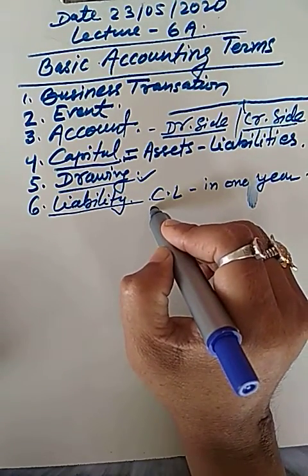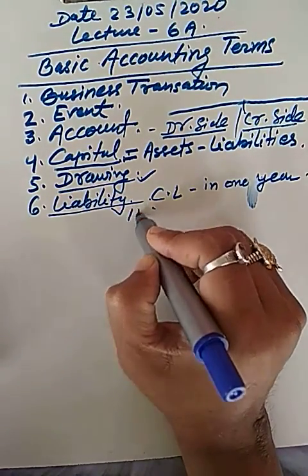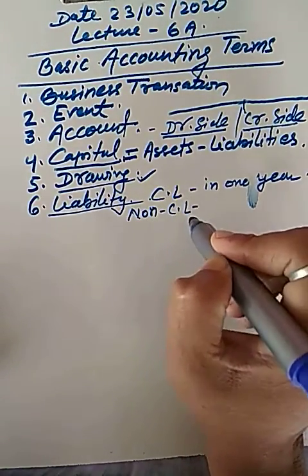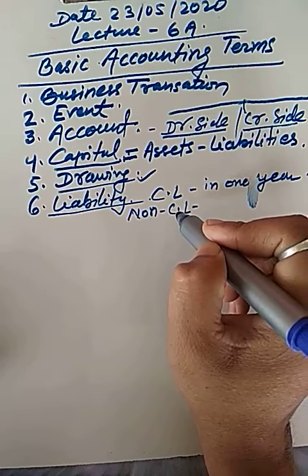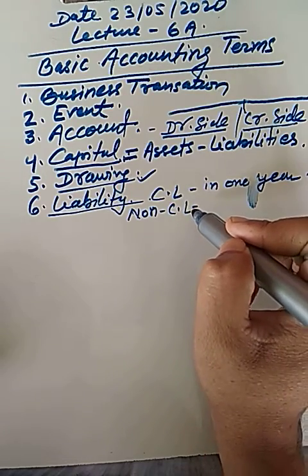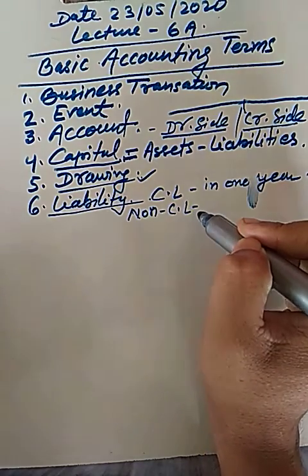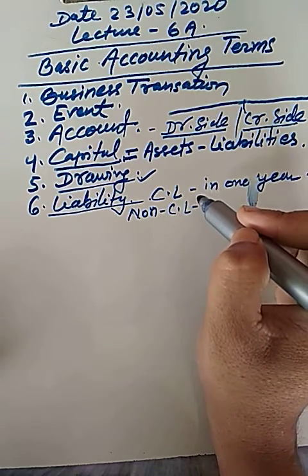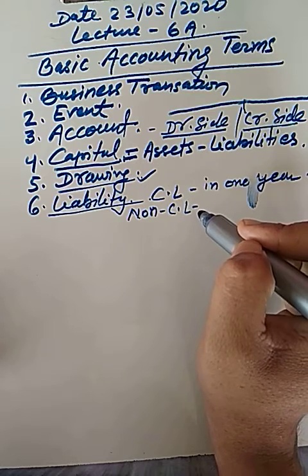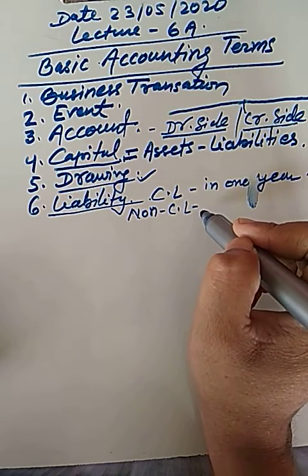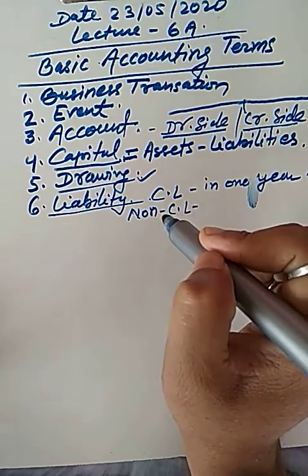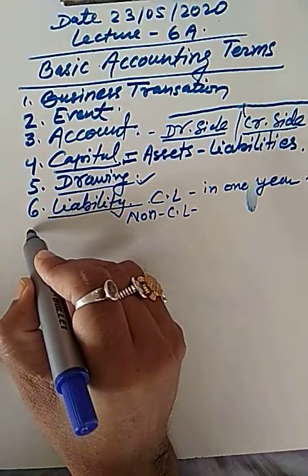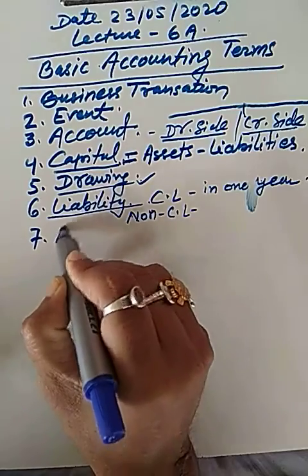And non-current liabilities are normally paid after 1 year. For example, long-term loan and debenture, etc. Now, the next point is assets.